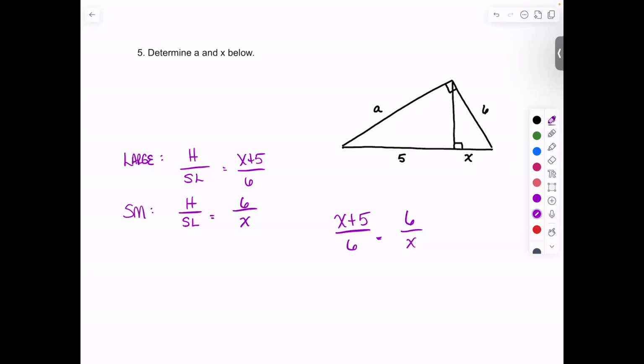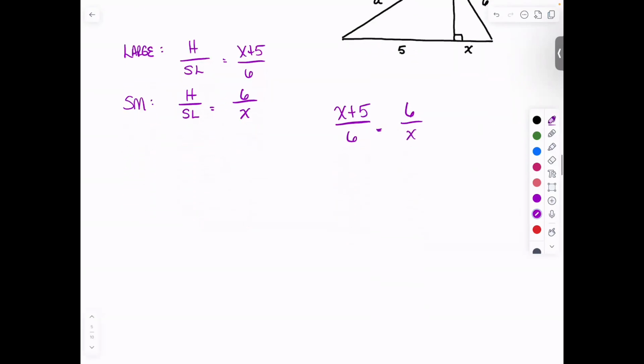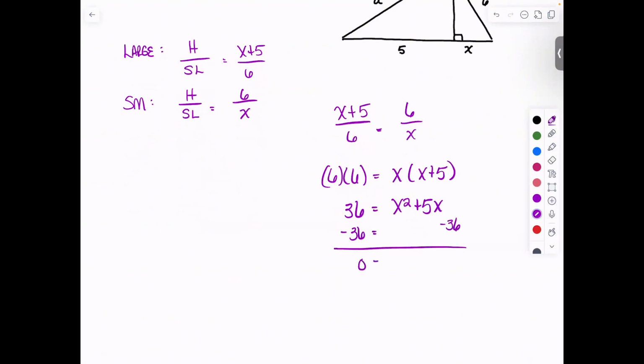And from here, we just use algebra. We're going to algebra this out and determine what x is. So we'll have 6 times 6. We'll move this over to the right, and we'll have hopefully a quadratic we can work with. 9 and 4, I like 9 and 4.